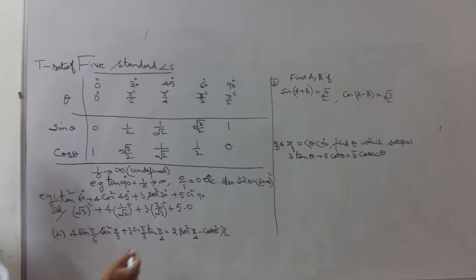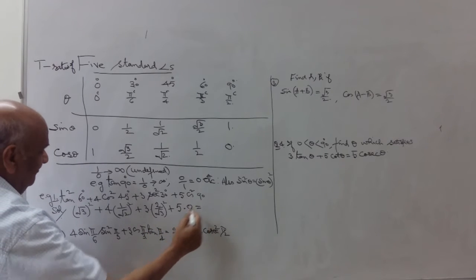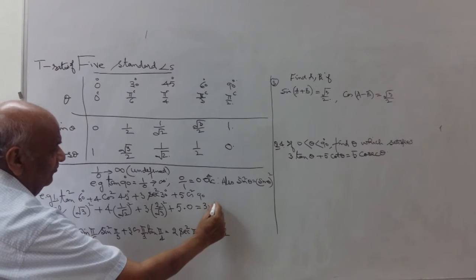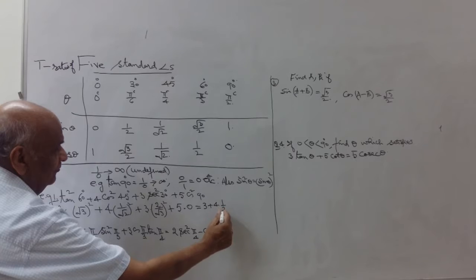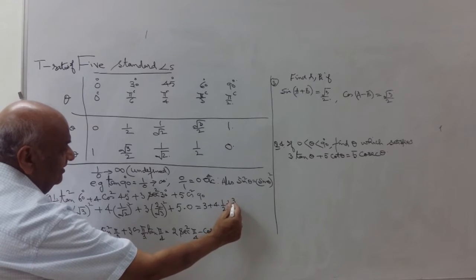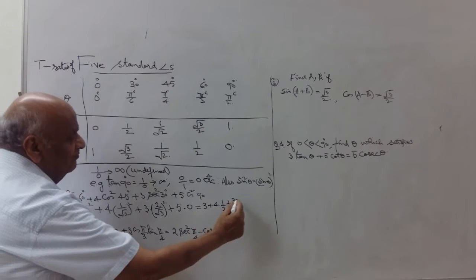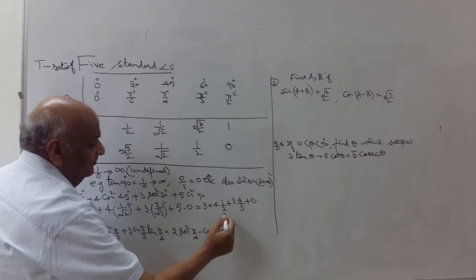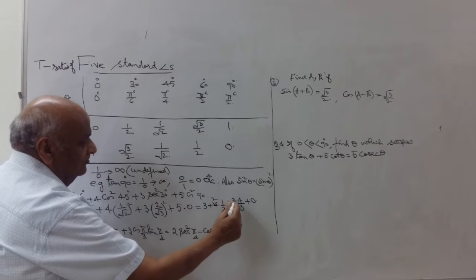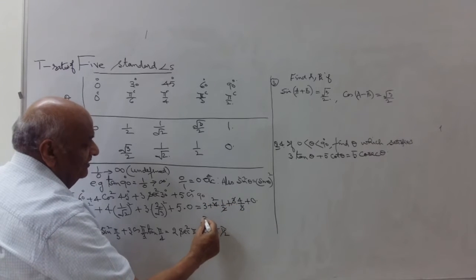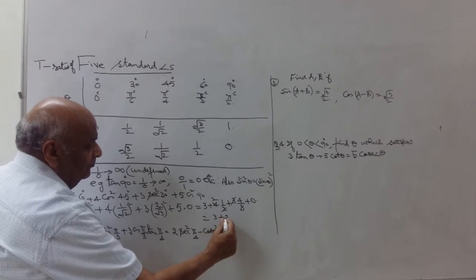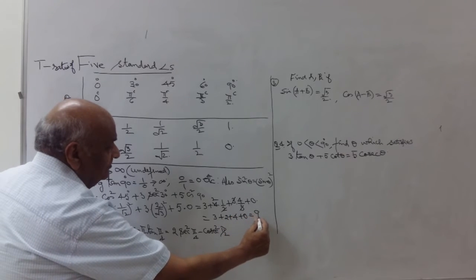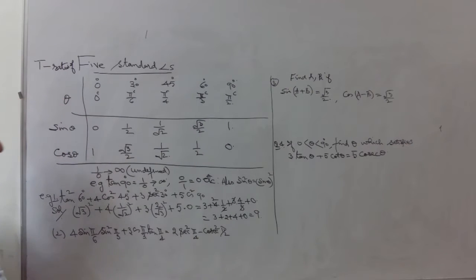So that is equal to under root of 3 the whole square, 3, plus 4 into 1 by 2, plus 3 into 4 upon 3, and this is 0. So this 2 will cancel out, 3 will go, it is 3 plus 2 plus 4 plus 0. The value comes out to be equal to 9.